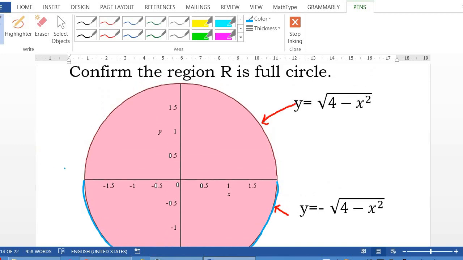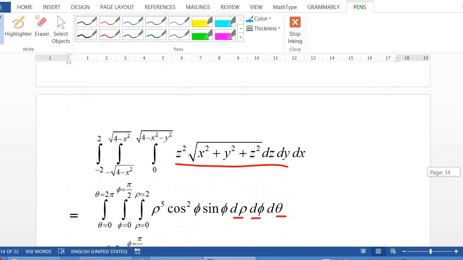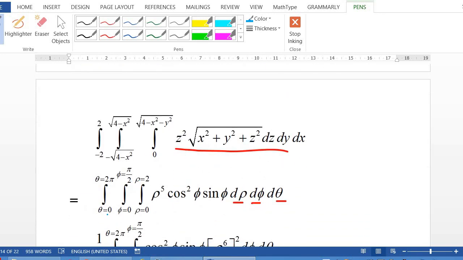The upper limit of y is the upper curve, y equal to square root of 4 minus x squared. And x is from negative 2 until positive 2. That's why your region R is a full circle. So theta will be 0 to 2 pi.